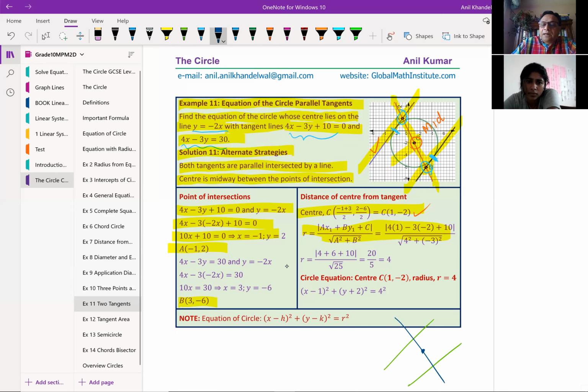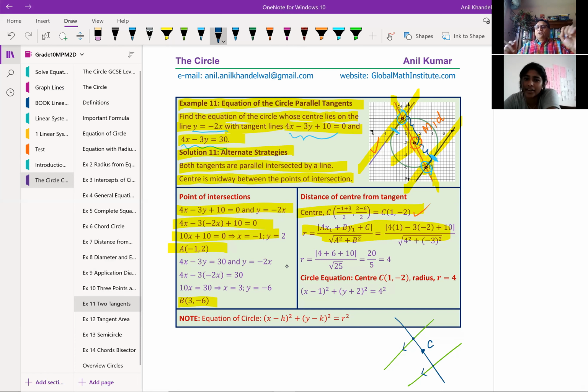If we have a circle anywhere in between, the midpoint of these 2 points is the center. These 2 points are not on the circle, but they are the same distance away from the center.